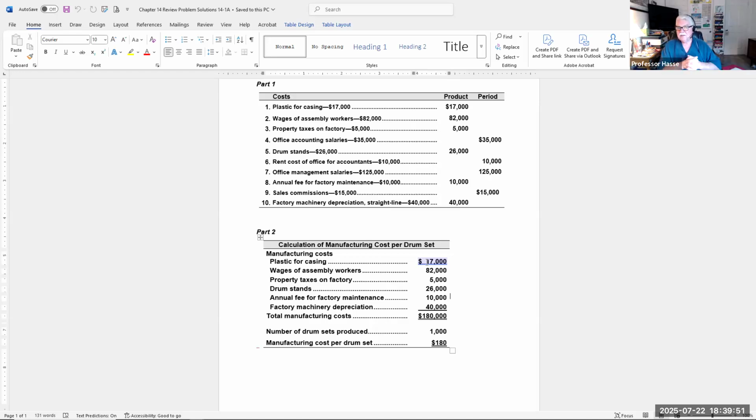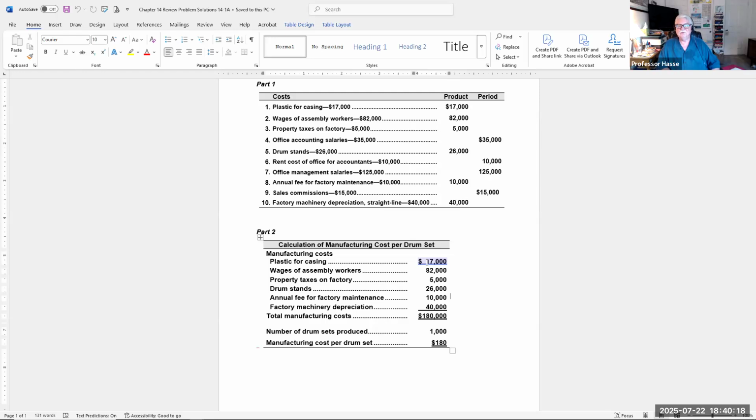Okay, what are our product costs? What are our period costs? What is it costing us to produce this drum set? $180. Okay, those are key components. Now, not discussed in this problem is what we're going to look at in problem 18.2. How do we add variable and fixed costs to this analysis?